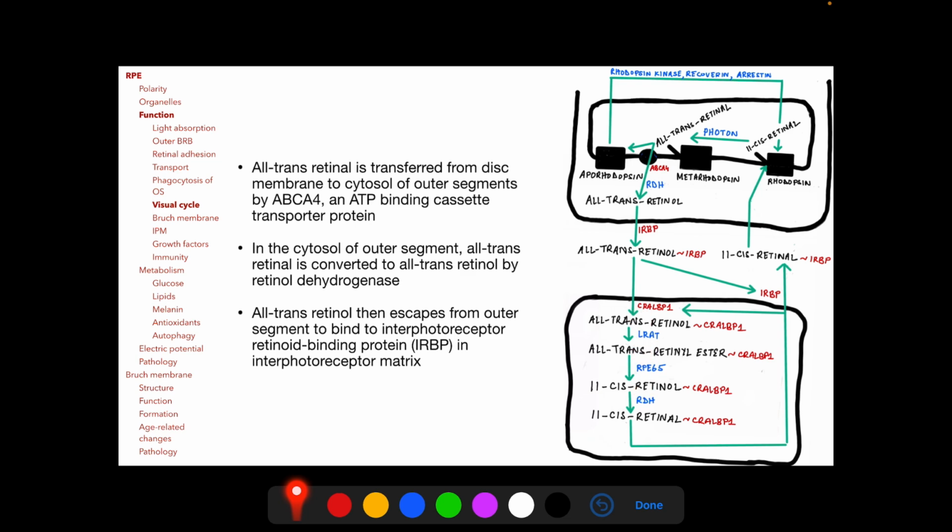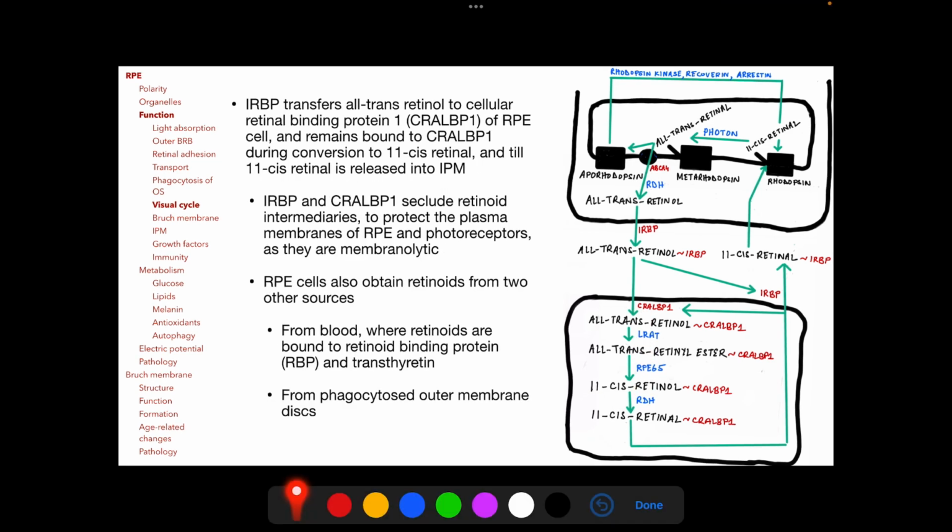IRBP then transfers all-trans retinol to CRALBP1 of the RPE cell, and all-trans retinol remains bound to CRALBP1 while being converted to 11-cis retinal in the RPE cell. So retinoid intermediaries remain attached to CRALBP1 in the RPE cell while being converted to 11-cis retinal.